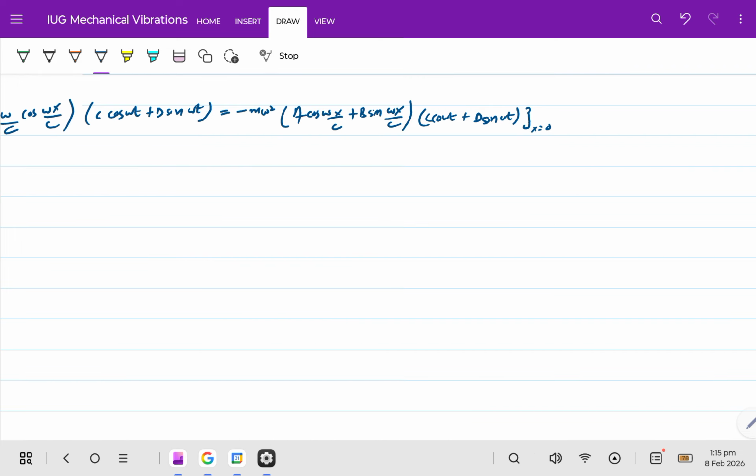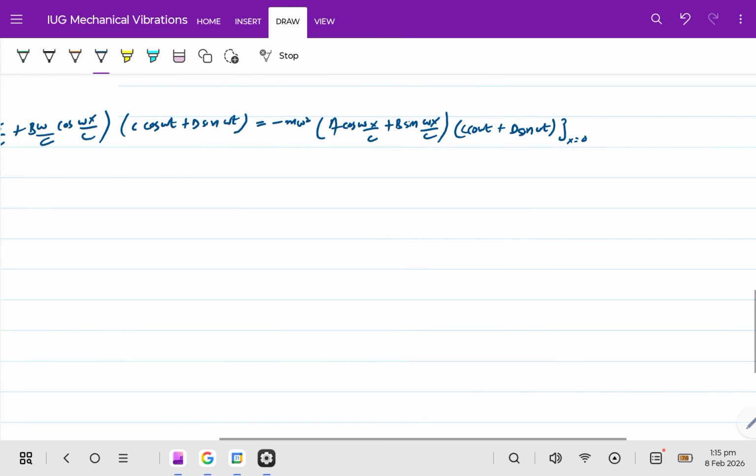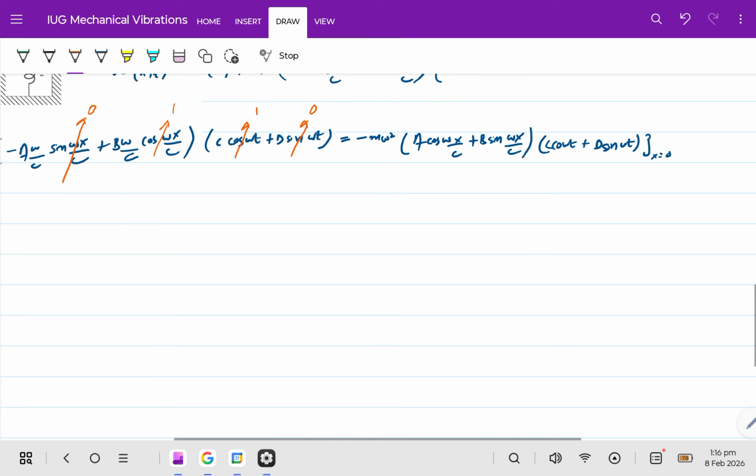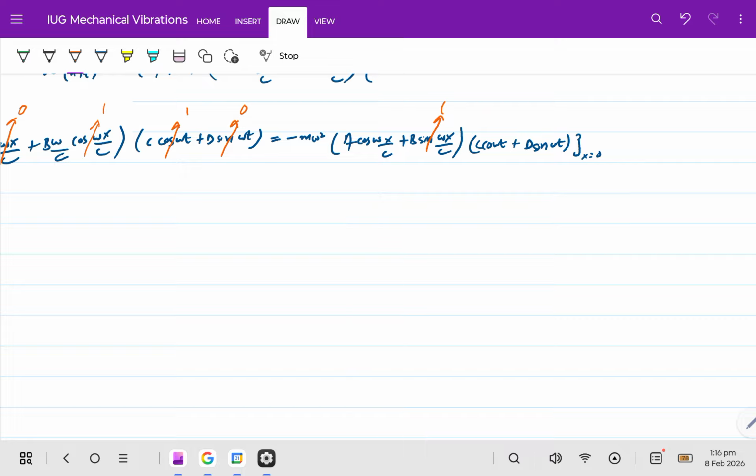So if you substitute x equals 0 for all of these, sin 0 becomes 0, cos 0 becomes 1.